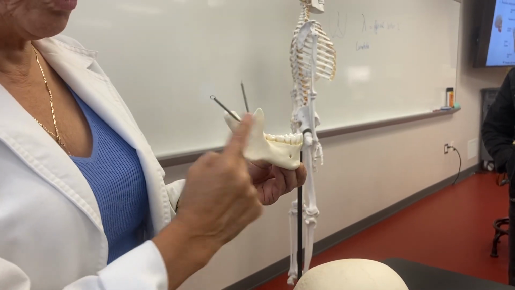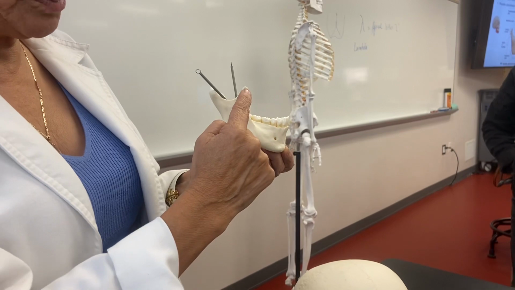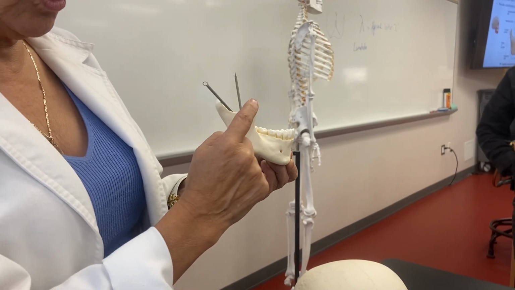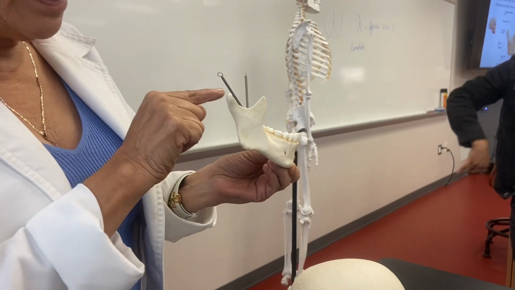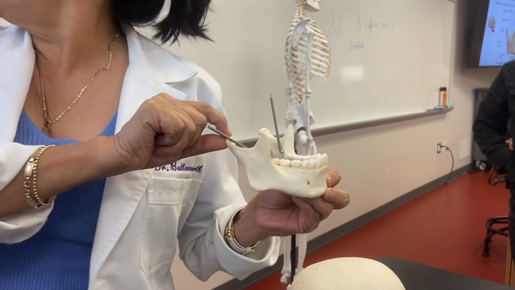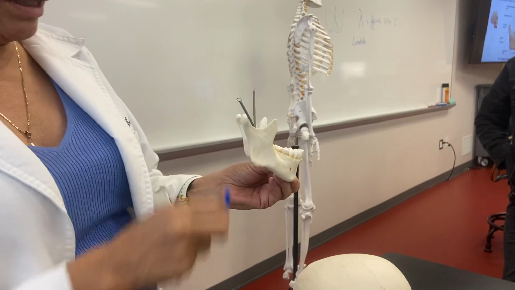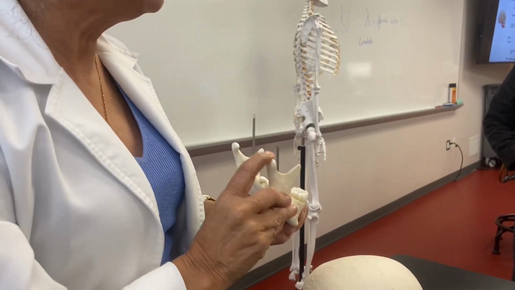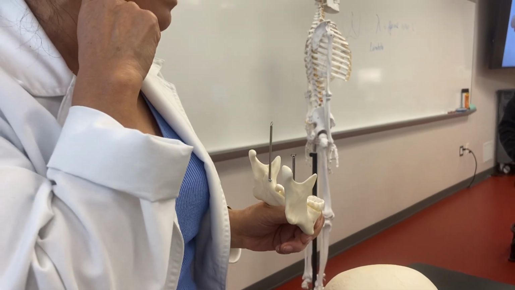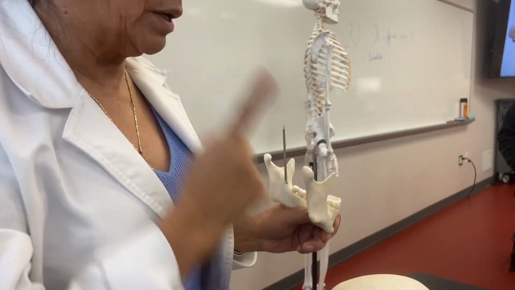And then we have two processes here. This process right here is called the coronoid process, and the one on the back is the condylar process. That's the condylar process here. The condylar process is the only one that is attached to the mandibular fossa, so it's the only one attached here.